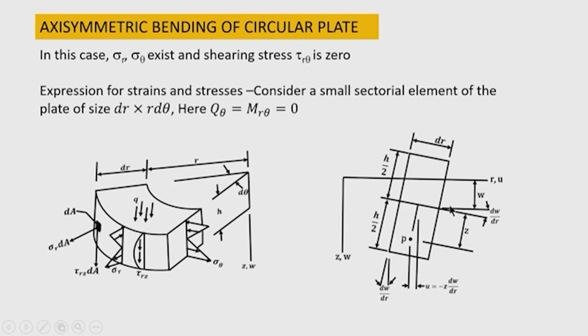If this point is located at a height z and this slope is the same as del w by del r, then it can be expressed as z dw by dr. So, this height into tan theta, and because of small deflection we take tan theta equal to theta, that is dw by dr. The negative sign is taken because u is measured in the negative direction of the axis r. So, u is now minus z dw by dr.